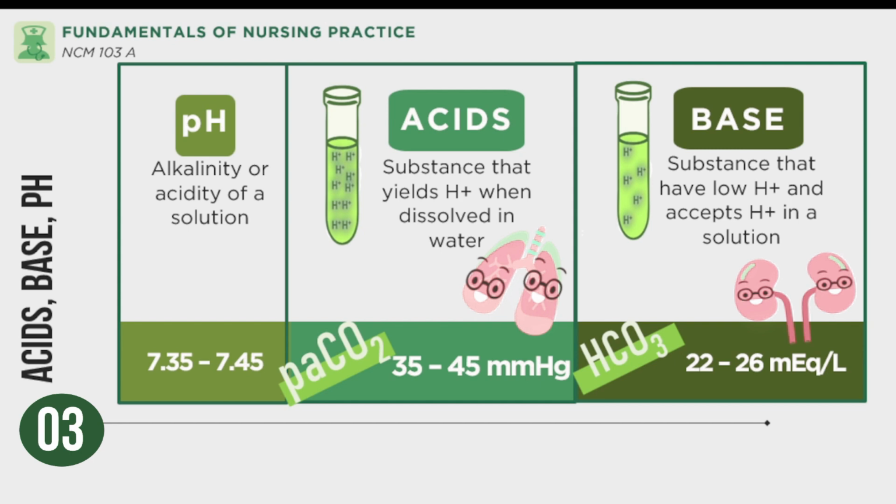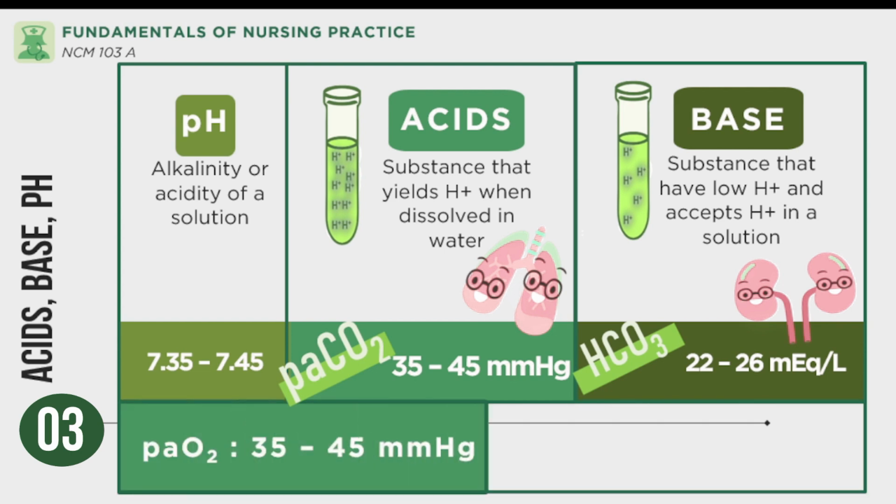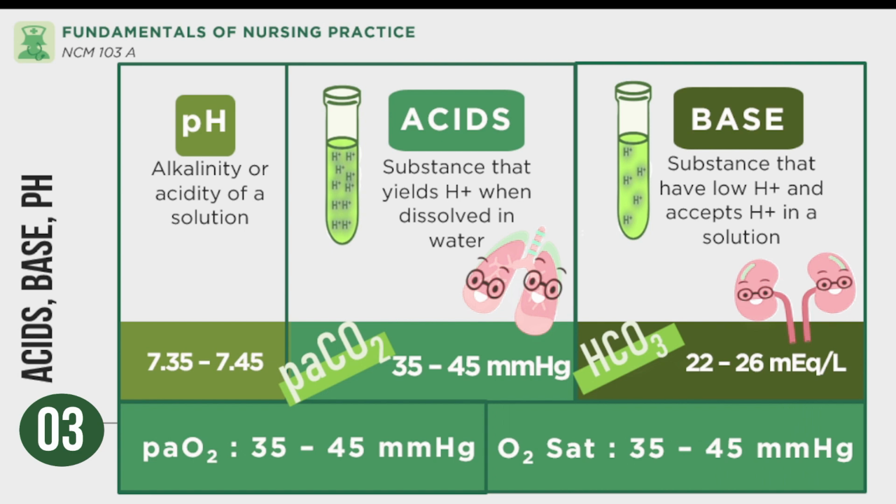Another component that we usually see on arterial blood gases, as a laboratory test to check for your blood pH, is your partial pressure of carbon dioxide, which is 35 to 45 millimeters of mercury.